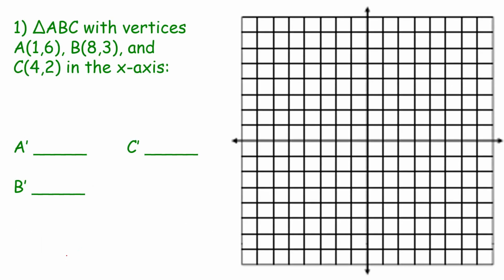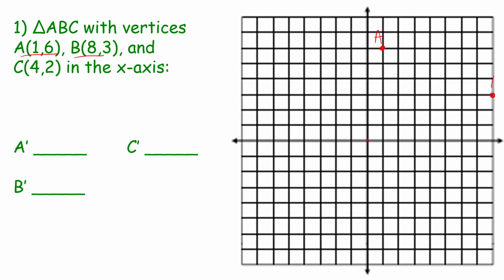We've got triangle ABC, and I'm going to go ahead and draw these coordinate points on my coordinate plane. All right, there's the origin. So A is 1, 6, I'm going to go right 1, up 6. And remember, we're going to label the points as we go. B is 8, 3, so I'm going to go right 8 and then up 3.